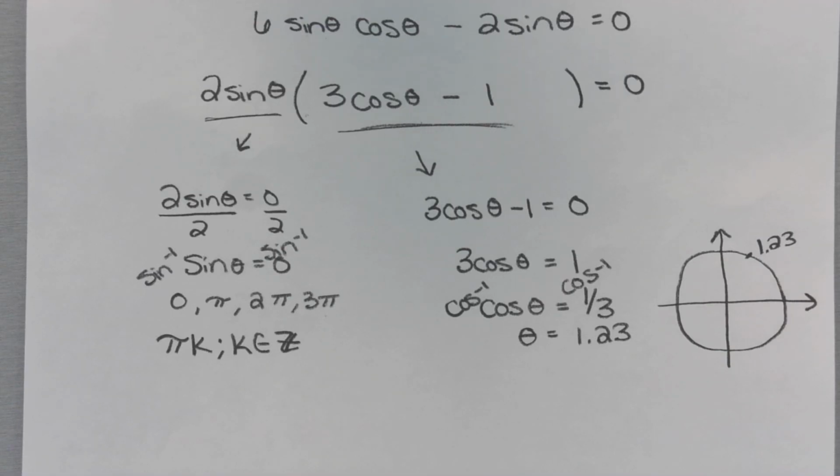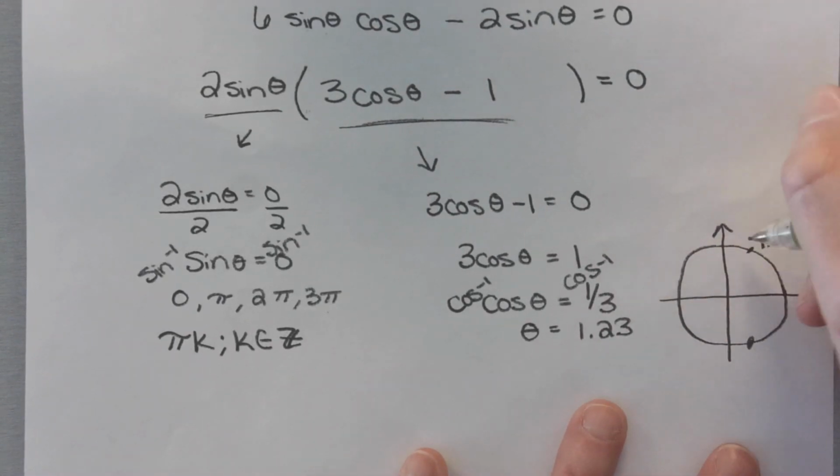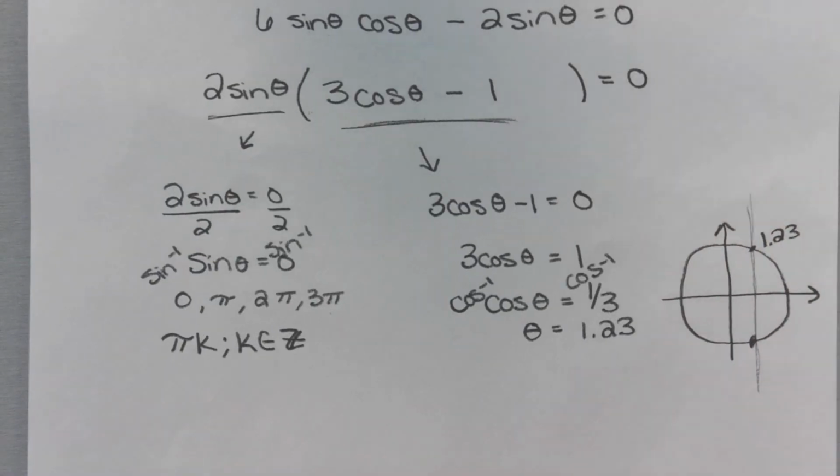We need to be smarter and know that there are 2 within one revolution. Where's the other one going to be? In the 4th quadrant. Because it's cosine, they should be the same distance this way. So you need to find your sister solutions. When we did the tangent problem, we didn't have to worry about that, because you add pi k, and so it already takes care of the issue. With sine and cosine, you do have to find the sister solutions.